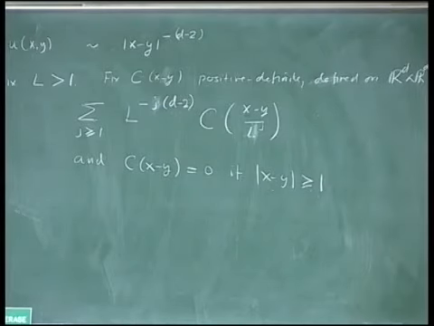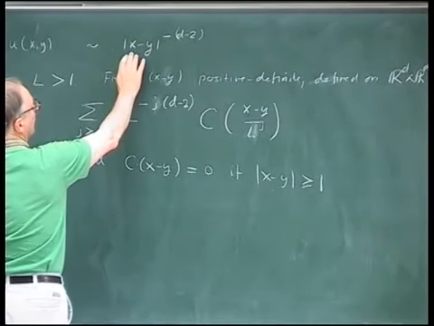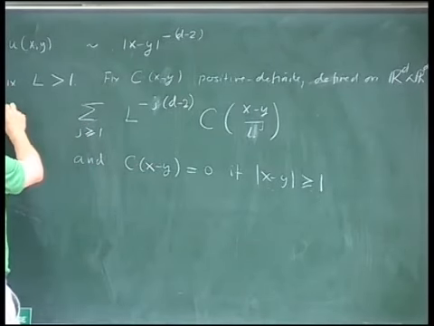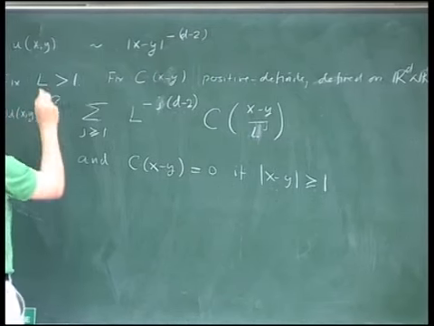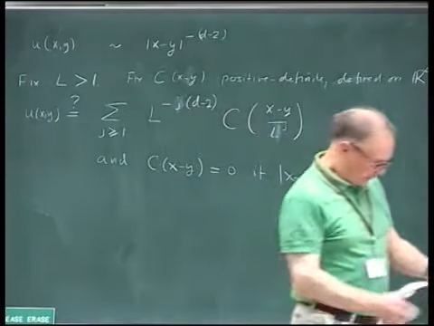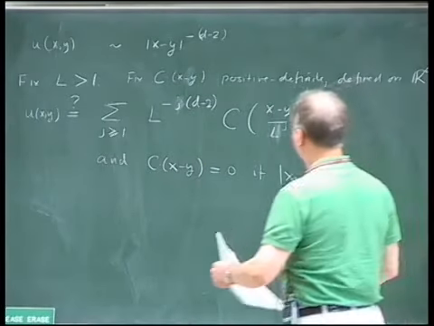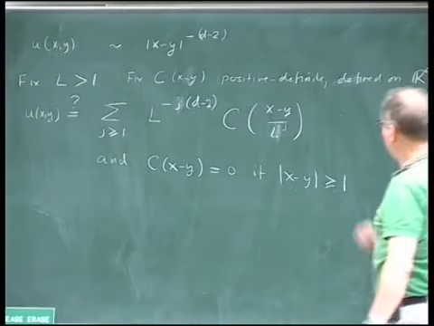Now, this is saying a lot more, though. I mean, not every function that has that property is going to have a decomposition of this form. But in fact, the inverse Laplacian on the lattice does have decompositions almost of this form.